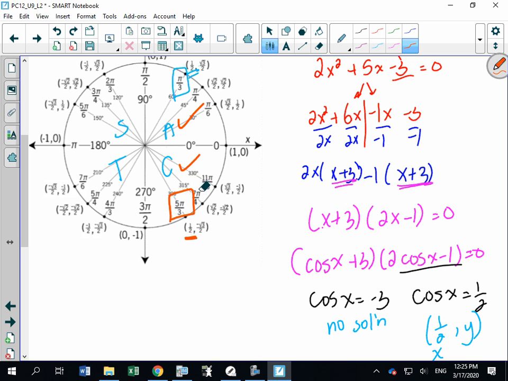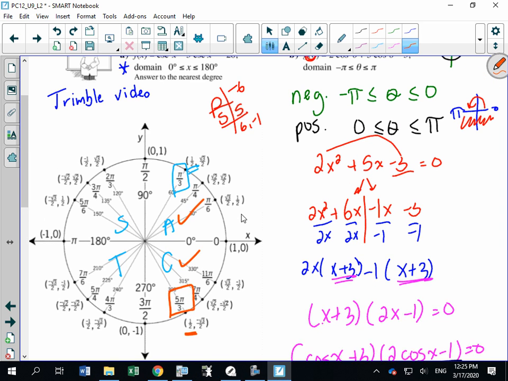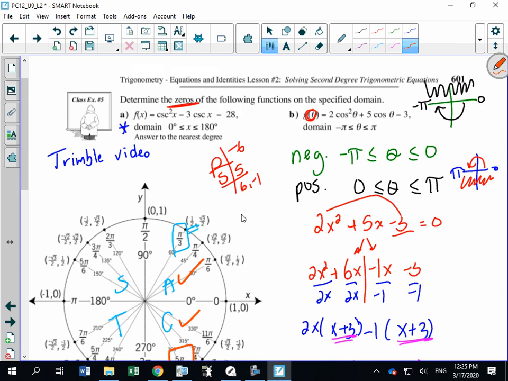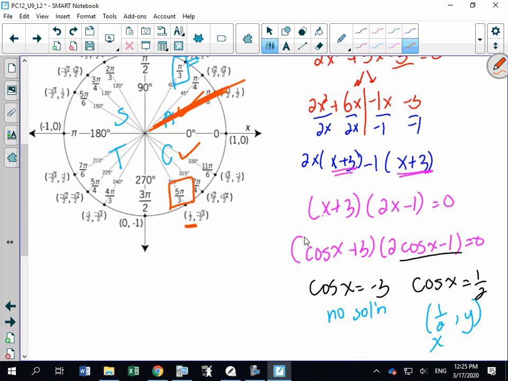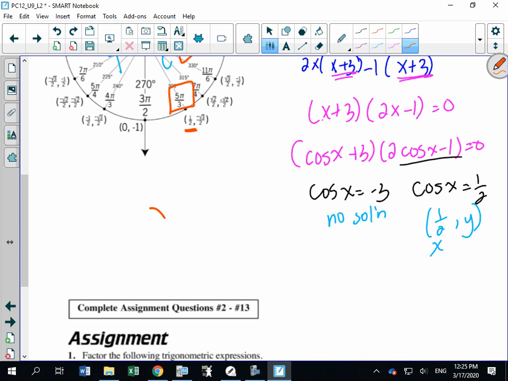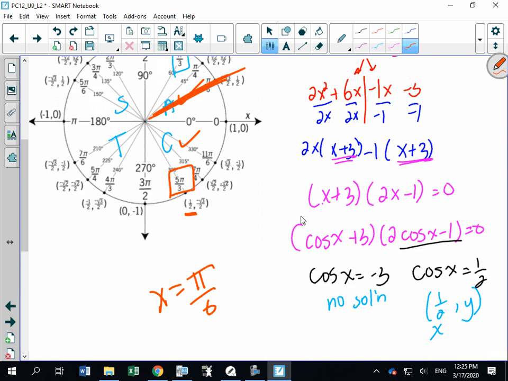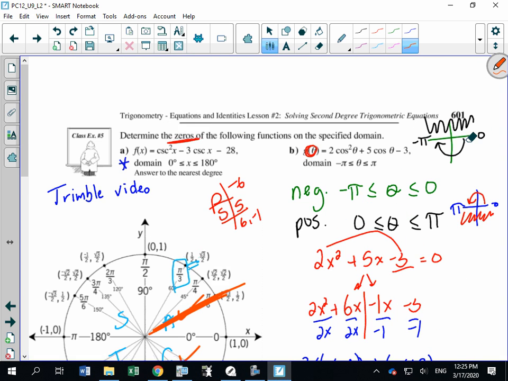Okay, except we've got to go back now to that domain restriction. So within the positive domain, we're looking for where x is from 0 to pi. So within that domain, my solution would be right here, pi over 6. So that stays as a solution. X is equal to pi over 6. I'm happy with that, and I'll accept that. Now, within the negative domain, so negative domain is from 0 to -pi.